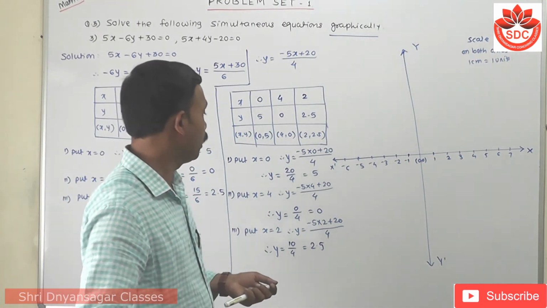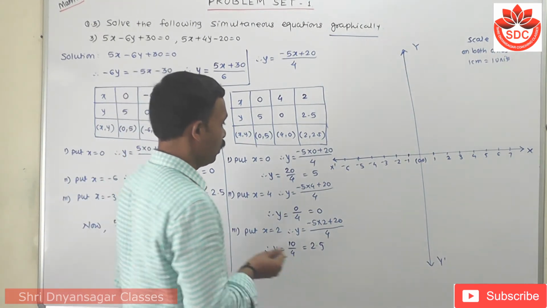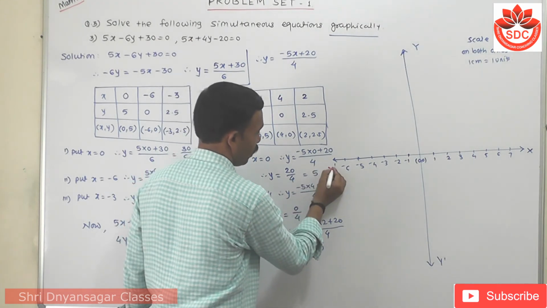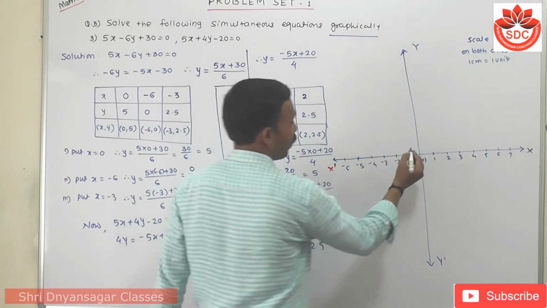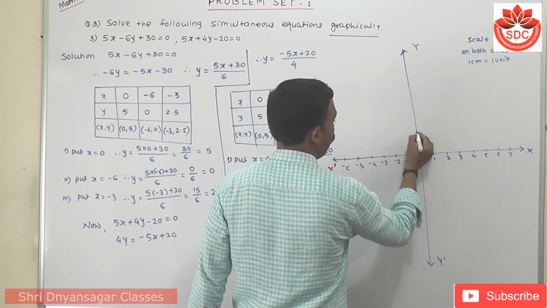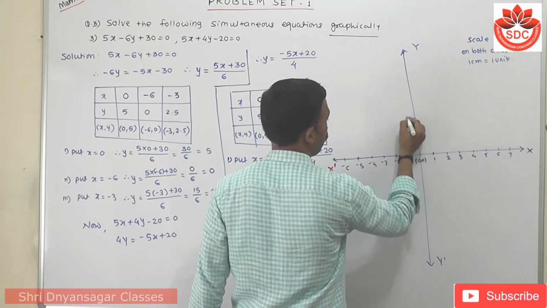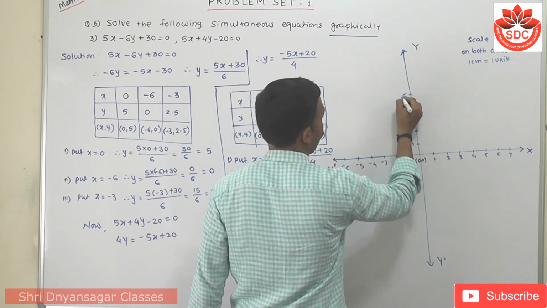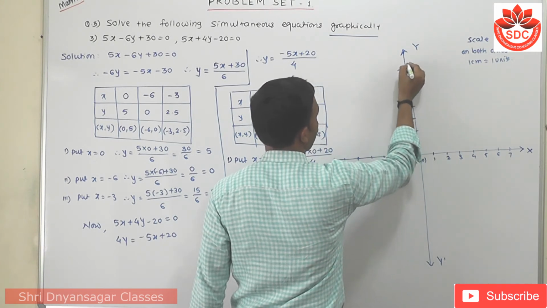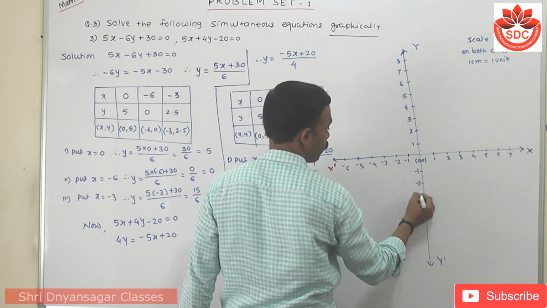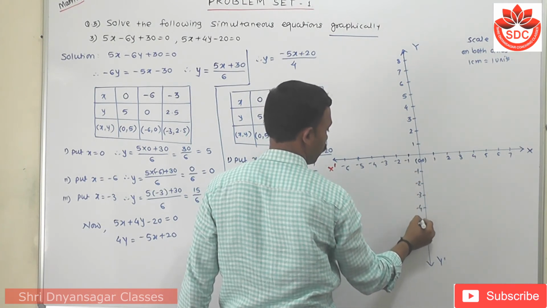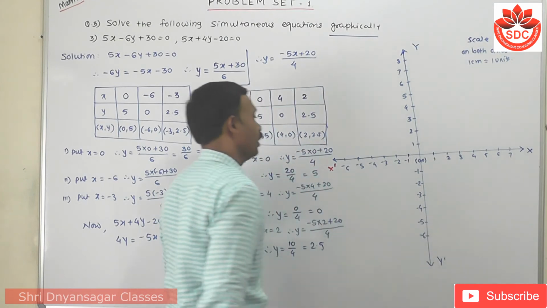Now students, this is x dash. Then here 1, 2, 3, 4, 5, 6, 7, 8. Here are negative numbers minus 1, minus 2, minus 3, minus 4, minus 5, minus 6 etc.